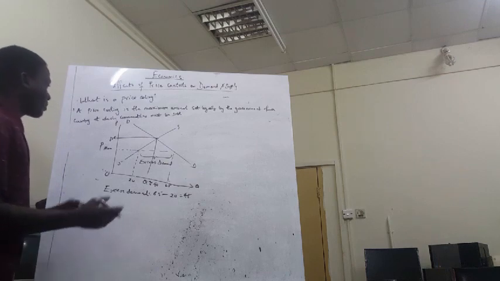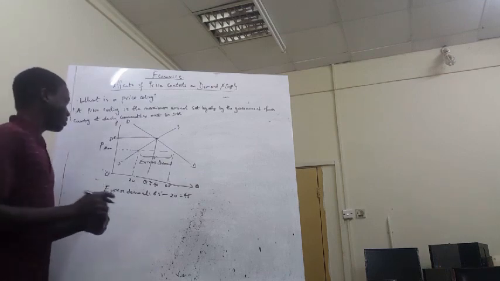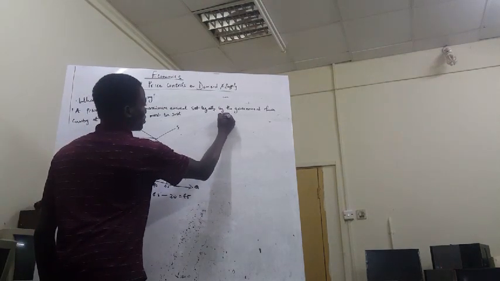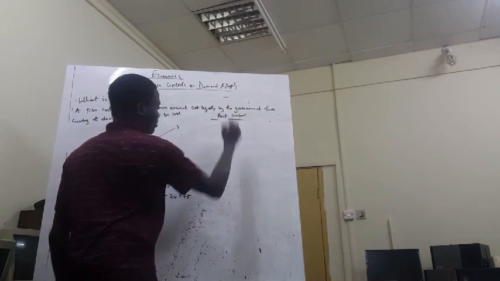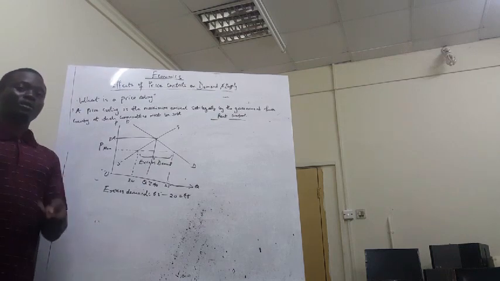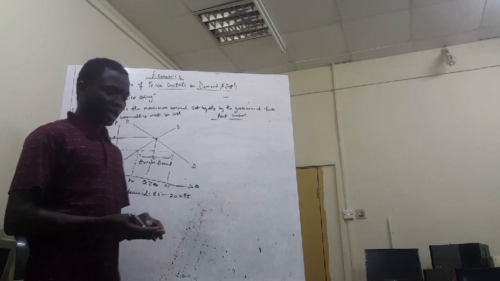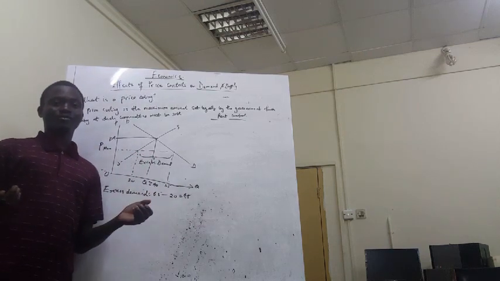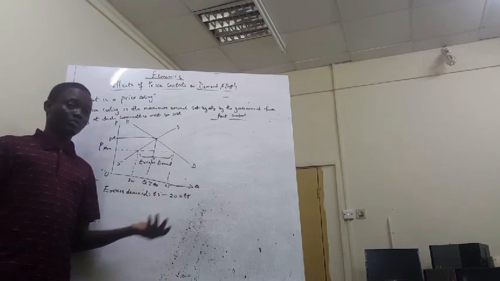Now there is a special case that I want us to consider, which is rent control. The government often sets a maximum rent that landlords should charge their tenants. And why do they do this? Because in every society or country, we have a lot of people that are poor, if not so poor, relatively poor.